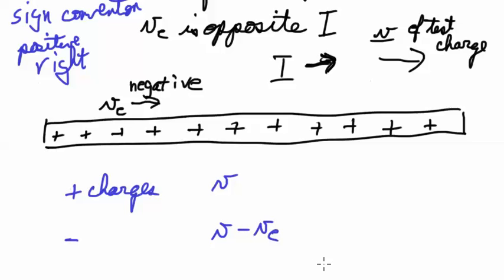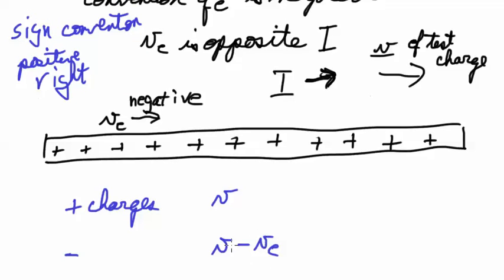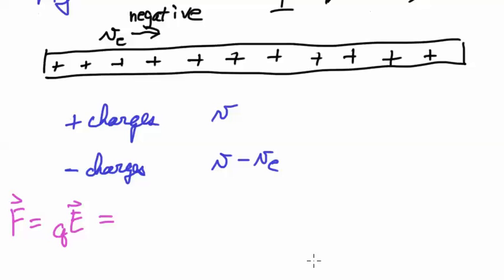And since v sub e will be a negative number if they're going that way, v minus v sub e is actually going to be greater than v. And the electric force is charge times electric field. And the electric field was lambda over 2 pi r, but here we're going to have two different sources, lambda of v and lambda of v minus v sub e.